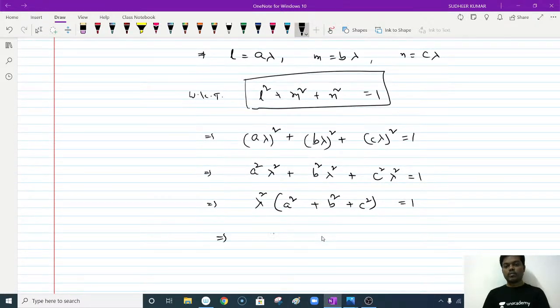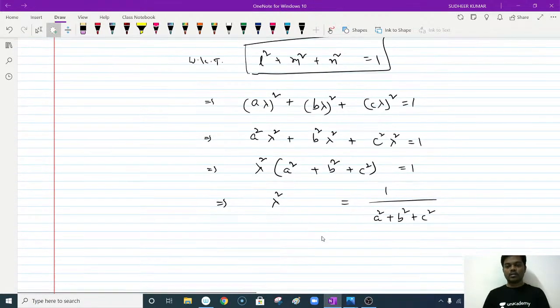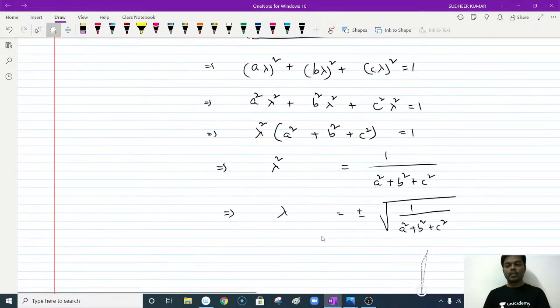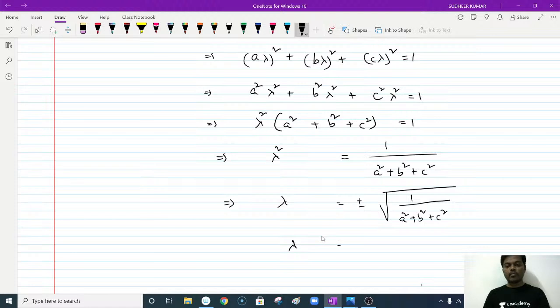So lambda square equal to 1 by A square plus B square plus C square. Then lambda equal to plus or minus square root of 1 by A square plus B square plus C square. This is nothing but lambda equal to plus or minus 1 by square root of A square plus B square plus C square.